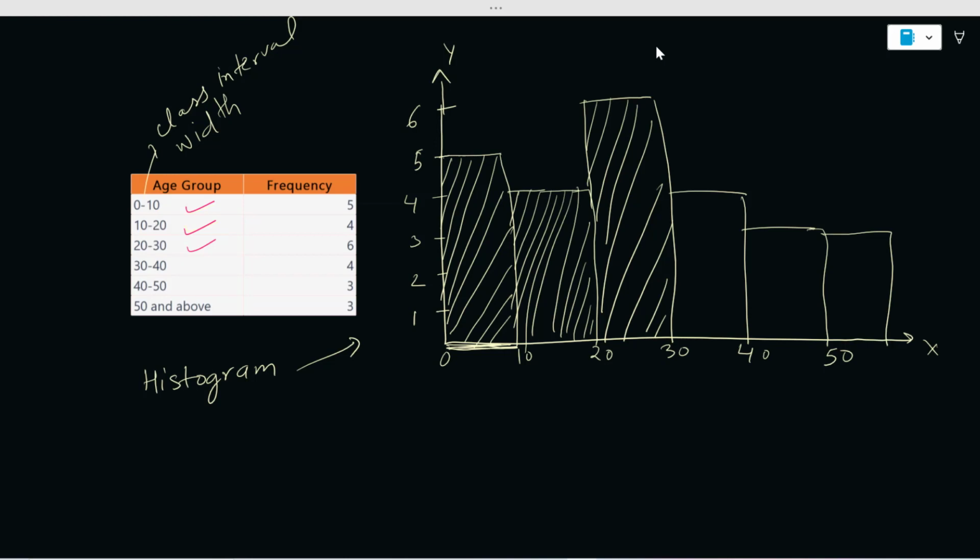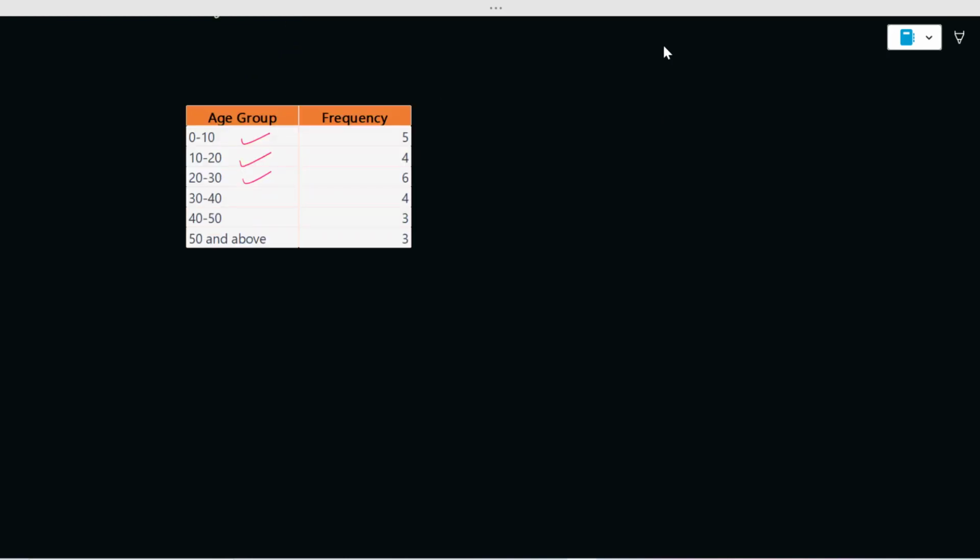Let's enhance our table. So we can make a histogram either against frequency, which gives us the exact count of customers belonging to a particular age group, or we can make a histogram against two other kinds of frequencies, which are relative frequency and cumulative frequency.